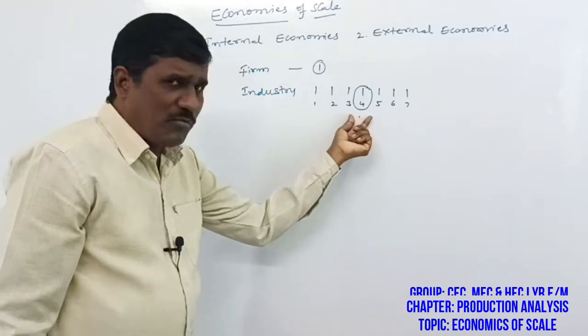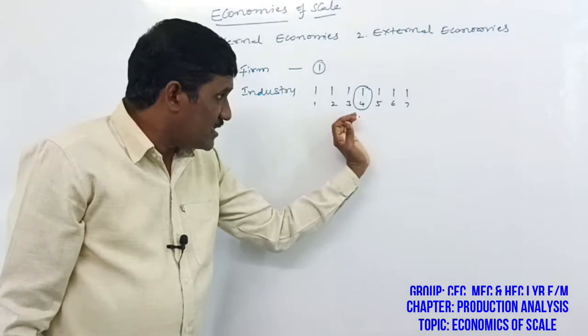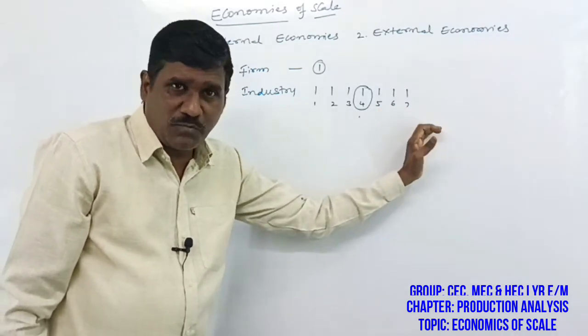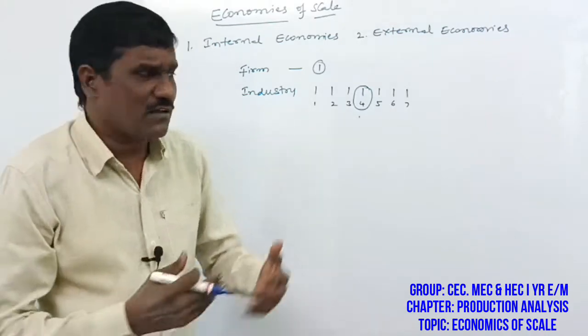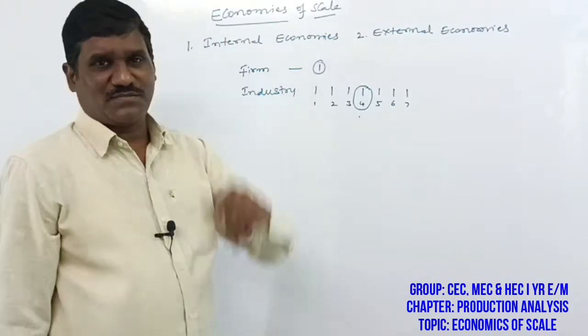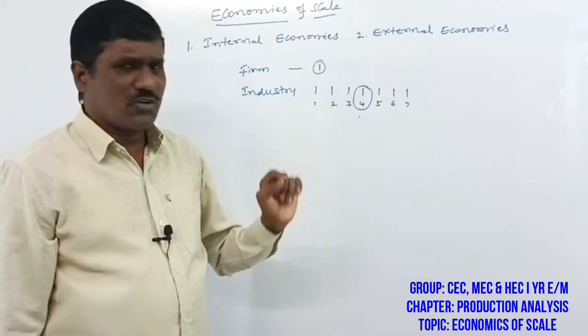When the single firm expands its size, when the single firm increases its output, then only that firm can enjoy certain advantages. That is called internal economies. How can we understand the internal?